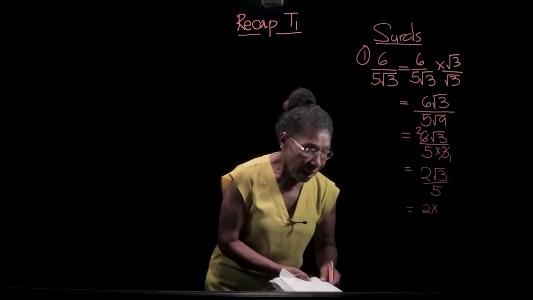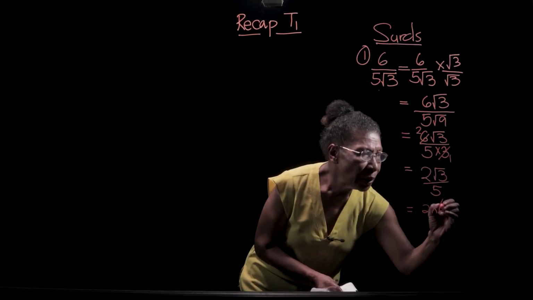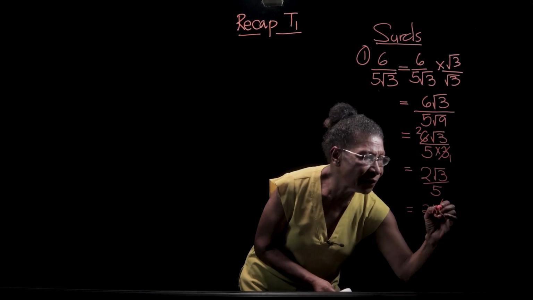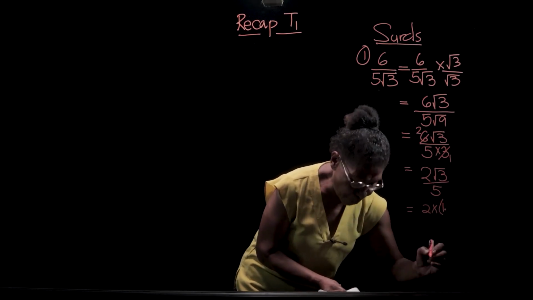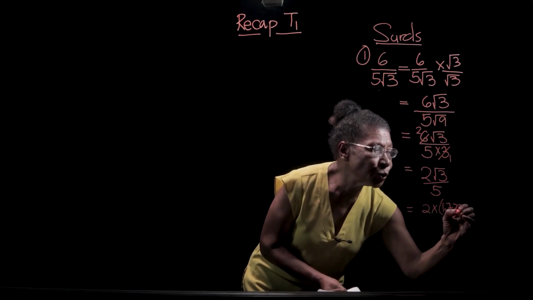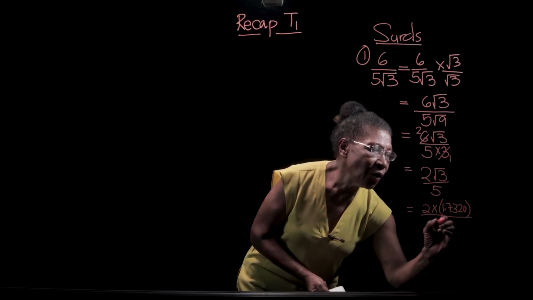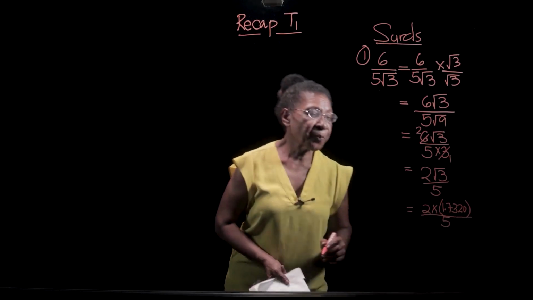So in order for us to simplify further, we would have 2 multiply root 3, and if I have to calculate the value of root 3, it would give me 1.7320 to 4 decimal places, all of that over a denominator of 5.